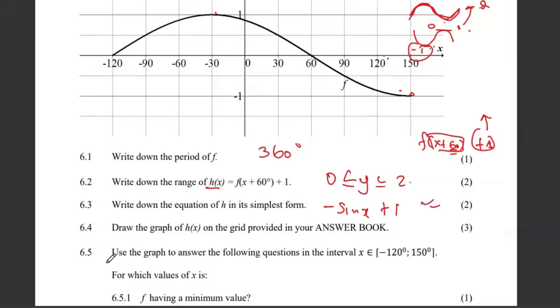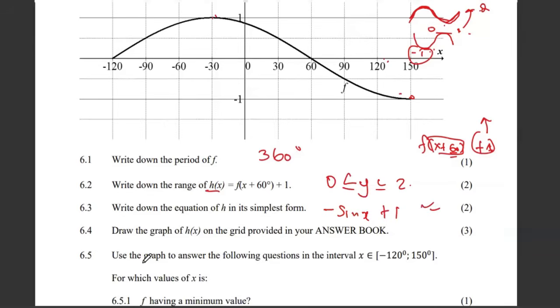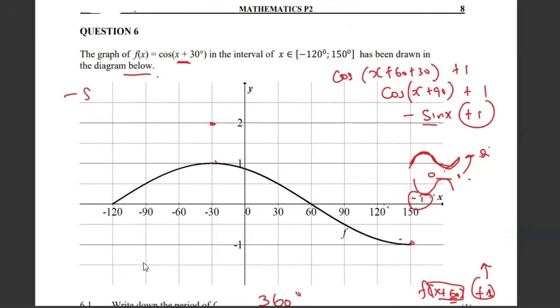So with the h, what I can notice is that it's negative sine x plus 1. So if x is negative 120, I'm going to get 1,88 something, which is somewhere there.